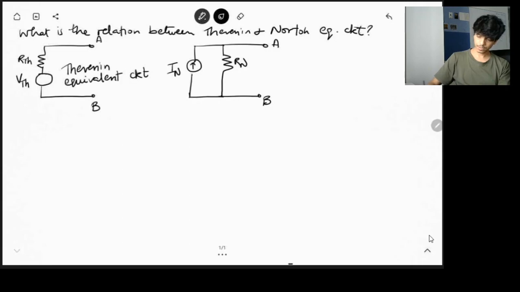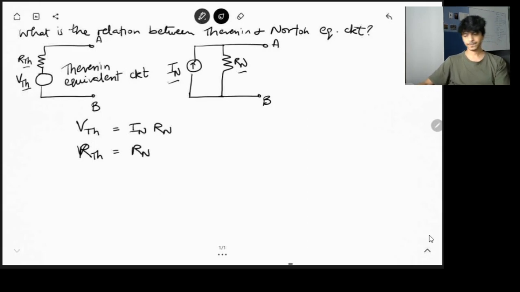And the answer to this is very straightforward. So you want to relate IN and RN with VTH and RTH. And the relation between these is VTH is equal to IN RN, and RTH is RN.